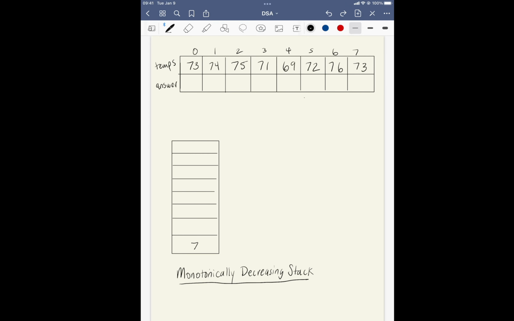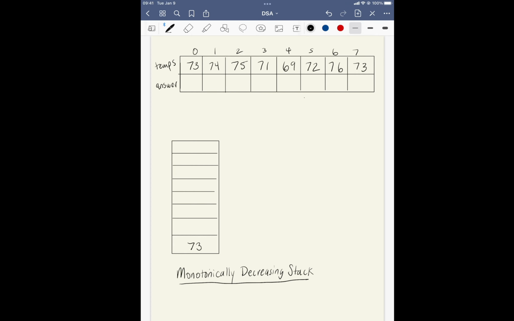So let's go through this example and see how we can get the correct output. We have our temperature array, our answer array, our stack, and we're going to loop through our array. Remember, we're always going to make everything on our stack decreasing. So we put our 73 on the stack, because there's nothing on the stack at first.